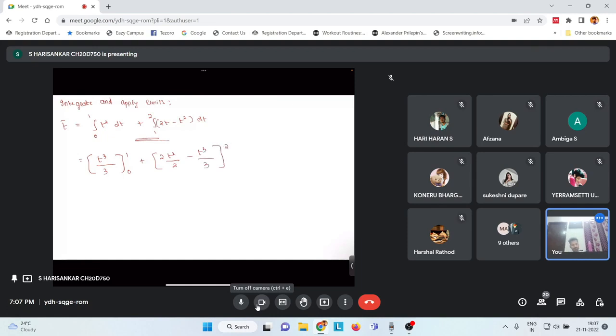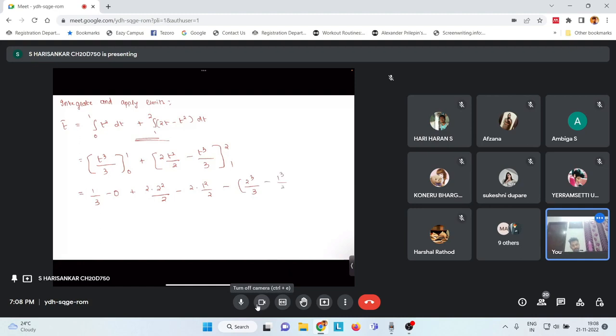Now if we apply the limits, this will be 1 by 3 minus 0, plus 2 into t square, that is 2 into 2 square by 2 minus 2 into 1 square by 2, minus t cube by 3 applied from 1 to 2, that will be 2 cube by 3 minus 1 cube by 3.